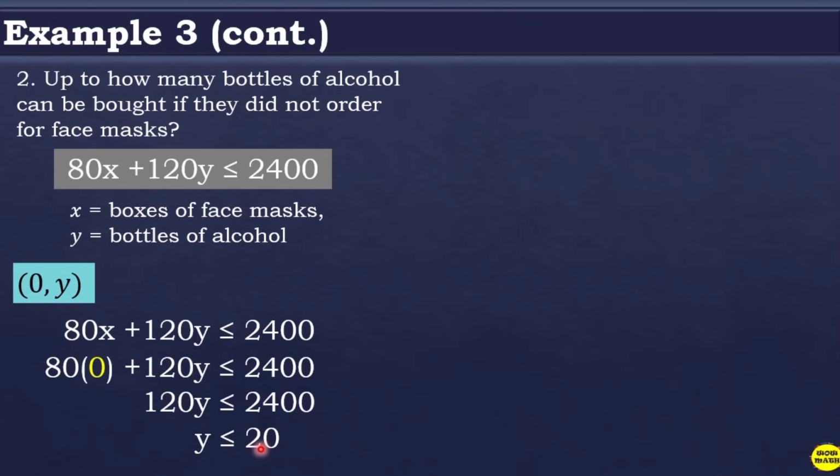Ibig sabihin ng at most, kaya nilang makabili ng 20 bottles of alcohol. Ito yung maximum. Okay? So, ito yung pinaka-maximum na mabibili nila ng bilang ng alcohol kung hindi sila bibili ng face mask. So, if your X is 0.